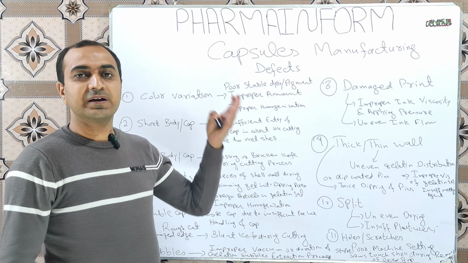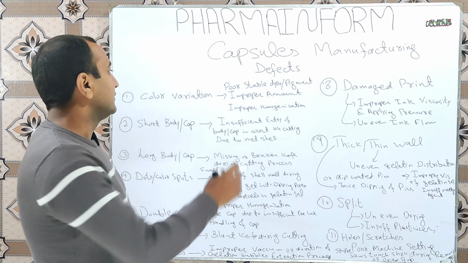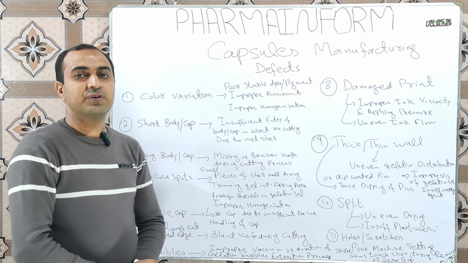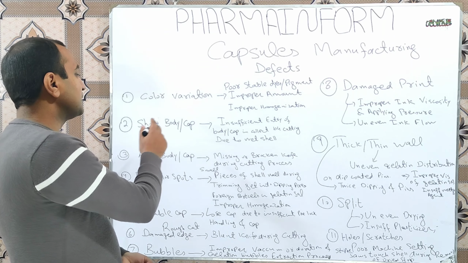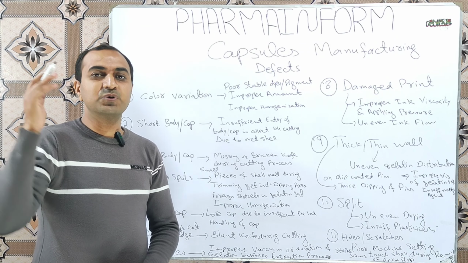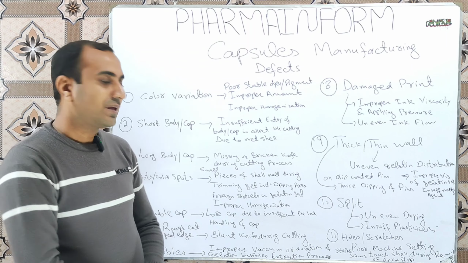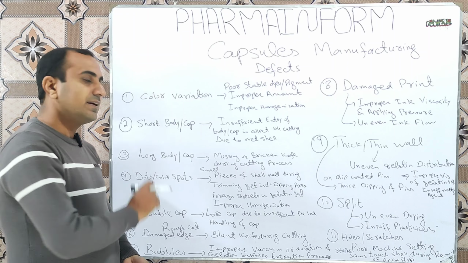When we open the container of the shell for filling, you have observed that there may be shells of color variation. There may be the short body capsule or long body capsule. There may be the misprinting capsules. There may be the double cap capsules, and there may be the dented capsules.